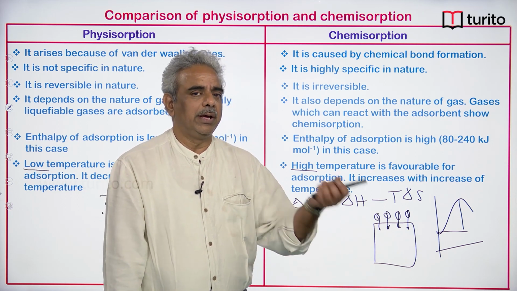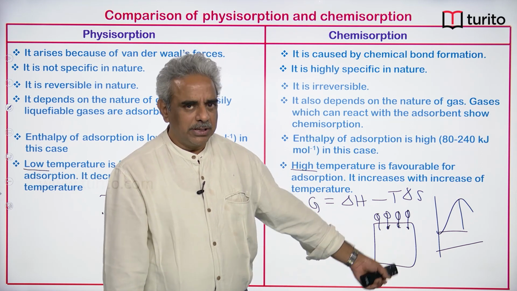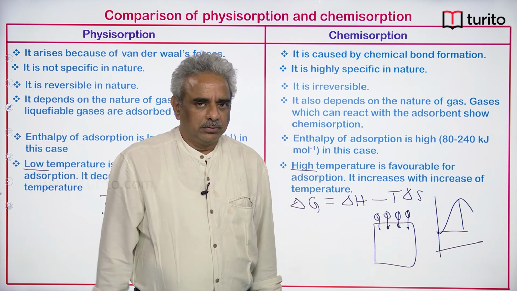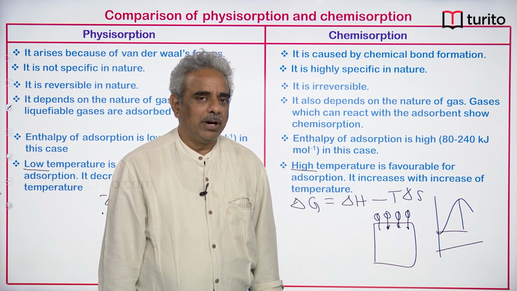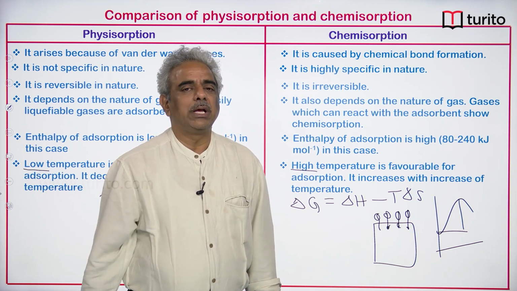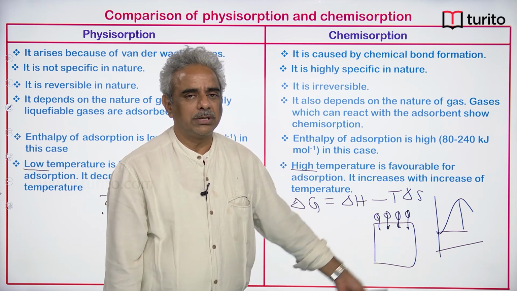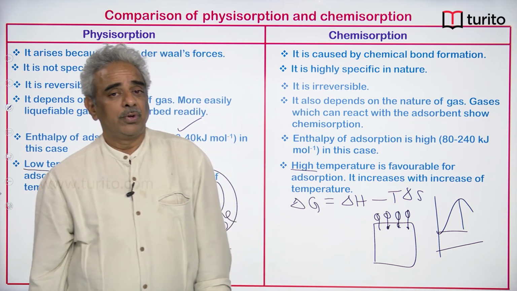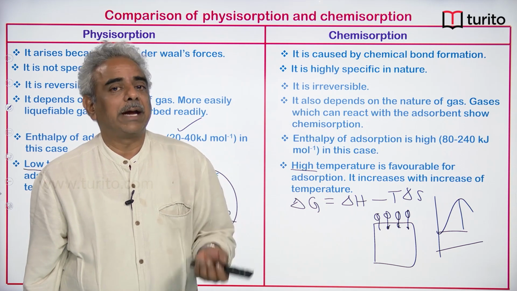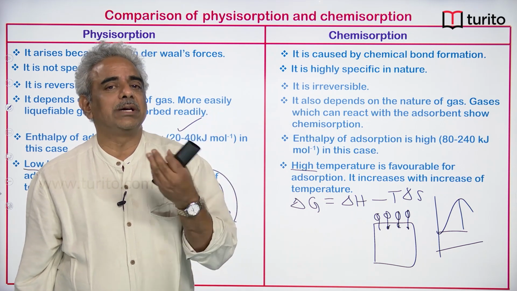The difference between a normal reaction and this reaction is that in a normal reaction the occurrence happens at the molecular level, but in chemisorption the reaction takes place only on the surface; the bonds are formed only on the surface. Even then, for the bonds to form, the molecules must be activated.